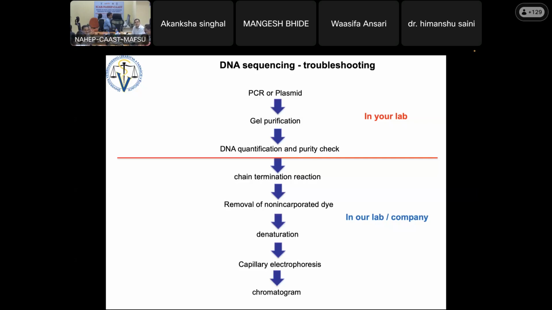For example, as we are doing sequencing commercially in our lab as well, we give service free of charge to our clients, and we also guide them how to make a good sample. If there is some problem on our side, I personally check in the evening, whenever I have time, where the problem could be, because that gives me feedback on whether my machines are working very well or not.